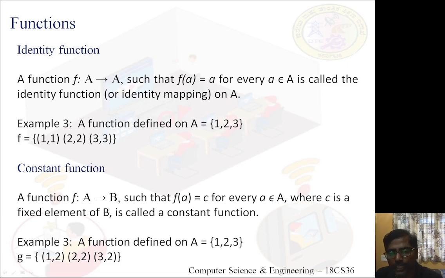Hence it's a constant function. So clear with identity function and constant function, right? In an identity function, all elements of the domain are mapped to themselves. In a constant function, all elements of the domain are mapped to the same element of the codomain.